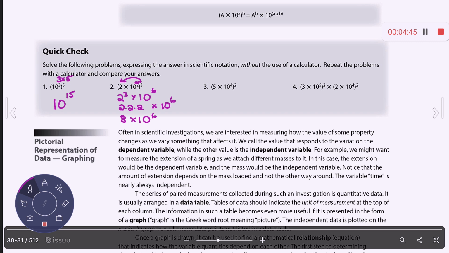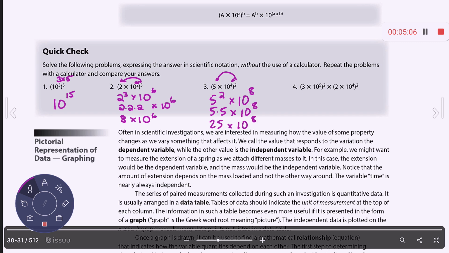But when you get to number 3, you want to be careful because if I ask you to submit an answer in standard scientific notation, make sure you're looking for that. This would become 5 squared times 10 to the 8th. 5 squared is 5 times 5, which is 25.